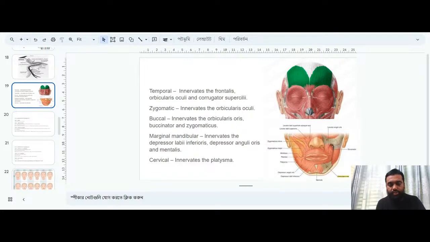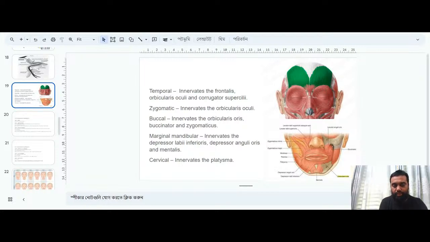And when there is palsy of the nerve that supplies the mouth, especially the buccal branch, it supplies the orbicularis oris, and the marginal mandibular branch supplies the muscles that depress the angle of the mouth and the lower lip. That means it innervates the depressor labii inferioris and the depressor anguli oris.